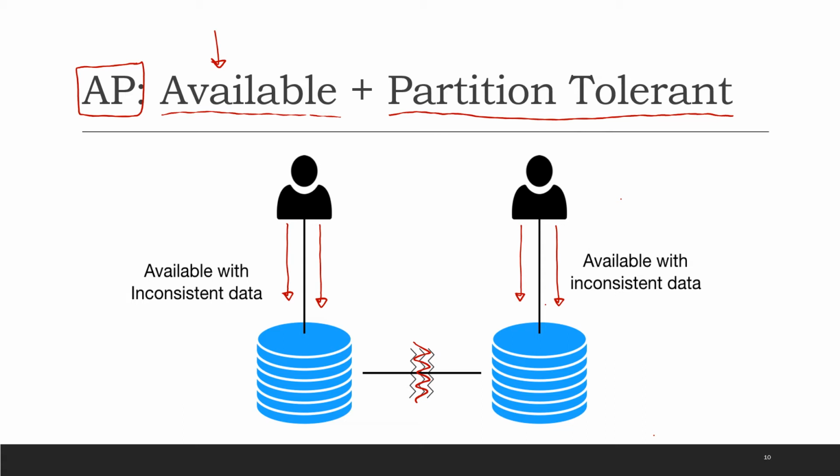And that makes the data of the 2 or more partitions inconsistent, right? Because it's not possible to do any synchronization at the moment, but the system is still available, allowing users to perform whatever operations they want. So in this case, we say that data and system are available with inconsistency.